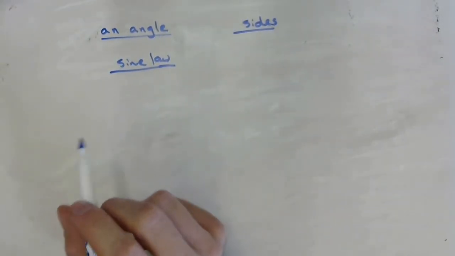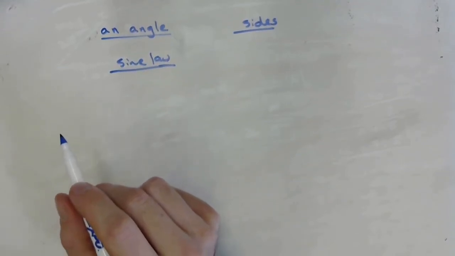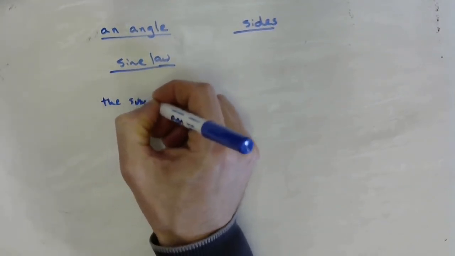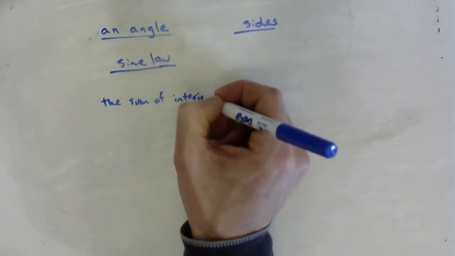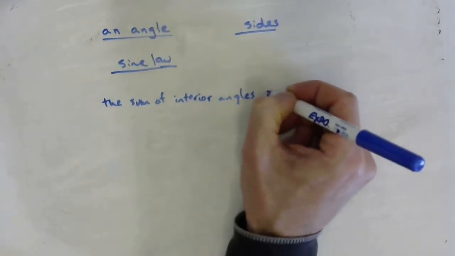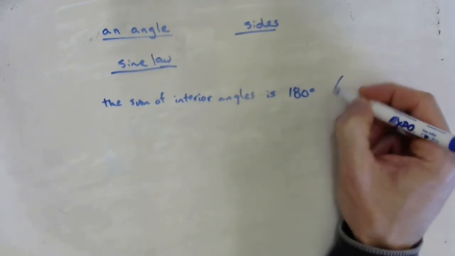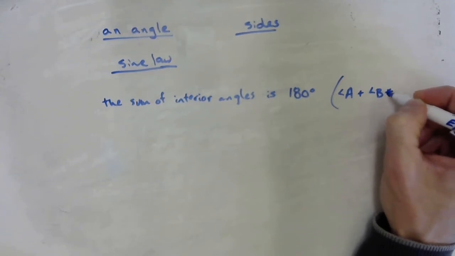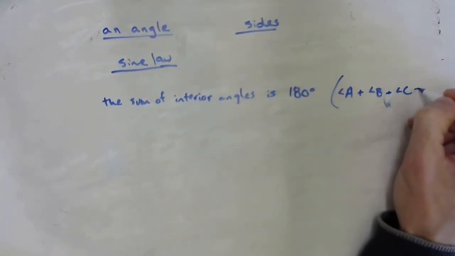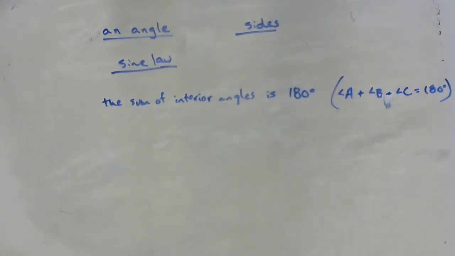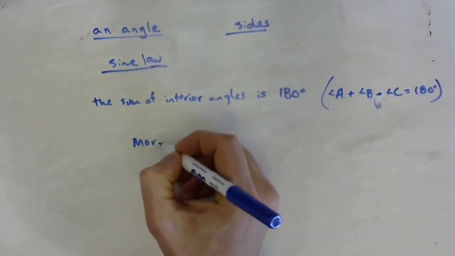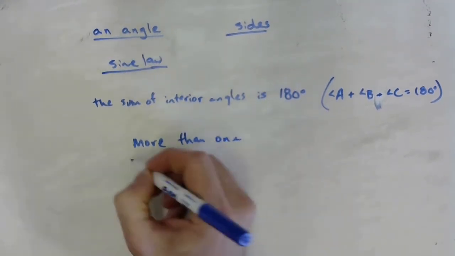To find the third angle, apply the property of triangles that states the sum of interior angles is 180 degrees, or angle A plus angle B plus angle C equals 180 degrees. And the last thing: when solving trigonometry problems, there is often more than one valid strategy.